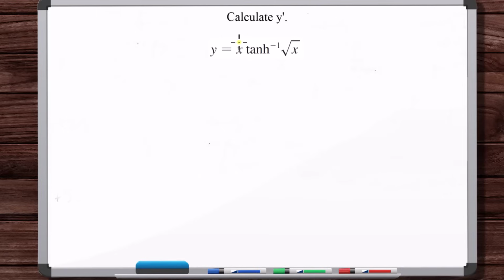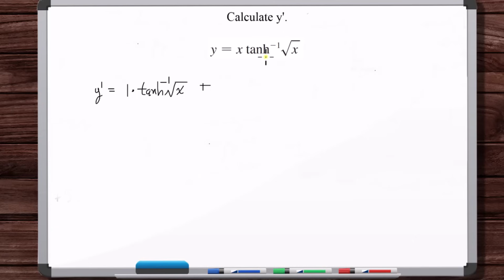Okay, product rule. We've got one function of x times another function of x. Derivative of the first times the second plus derivative of the second. Chain rule.